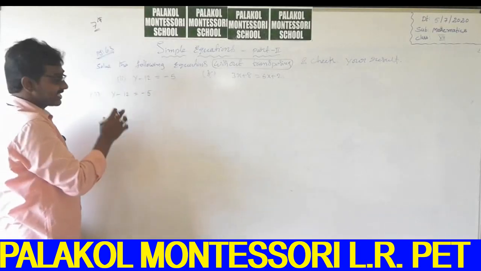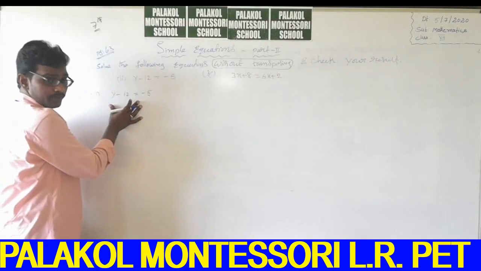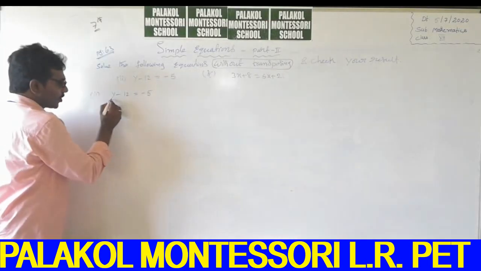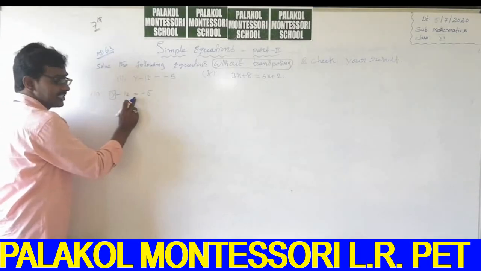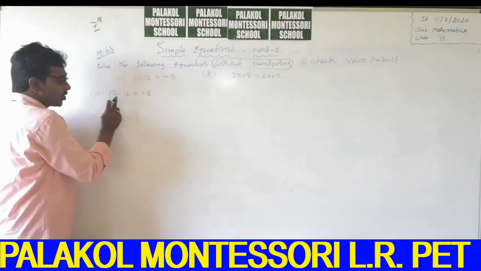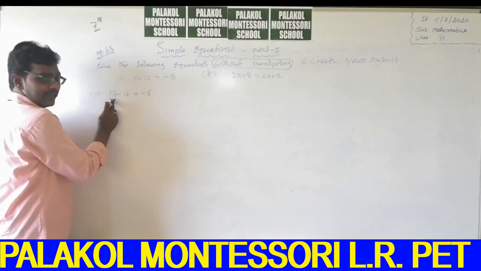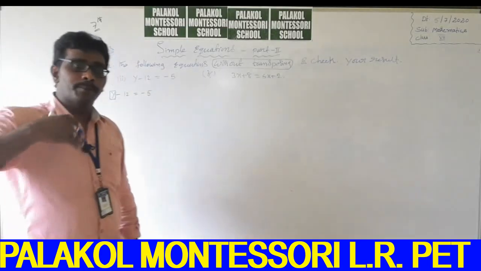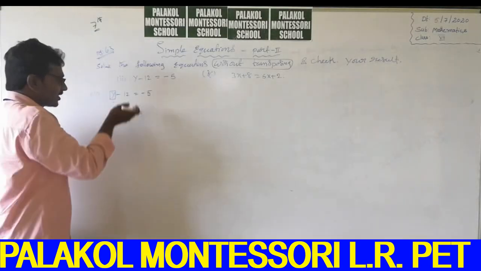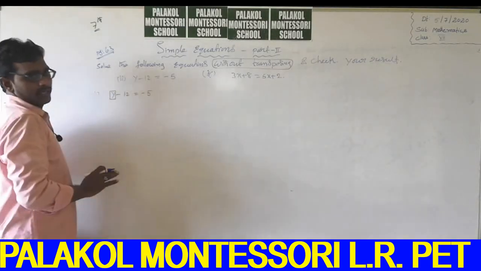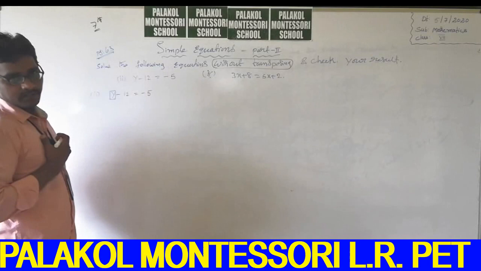In 6th standard also there is this model. Now suppose y is a variable in this equation. So this is not a fixed number, different numbers can be put in the y place. Whichever value satisfies the equation and becomes minus 5, you write that here.